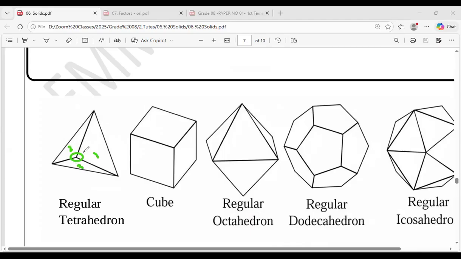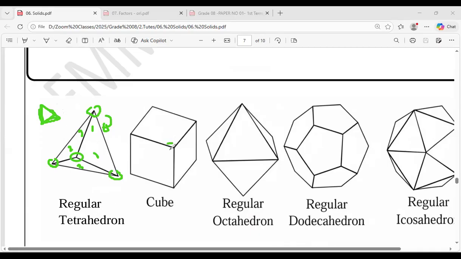So 3 faces, all triangular. If I consider this vertex, this is the first face, the second face, and below on the other side I have the third face. So each and every vertex has 3 identical regular triangular faces.